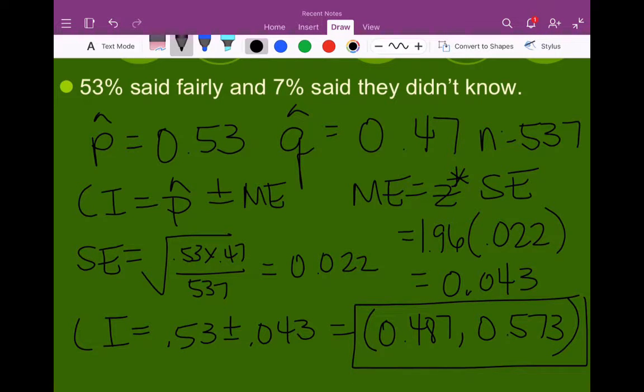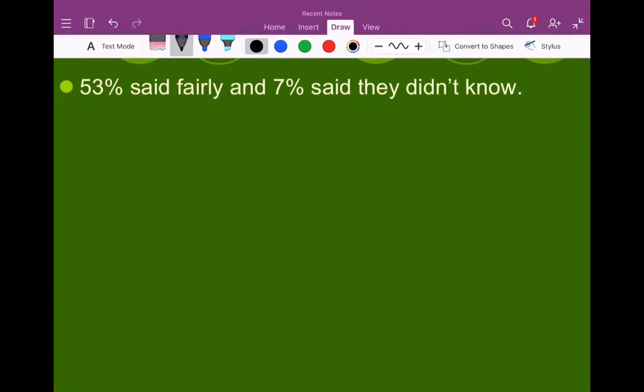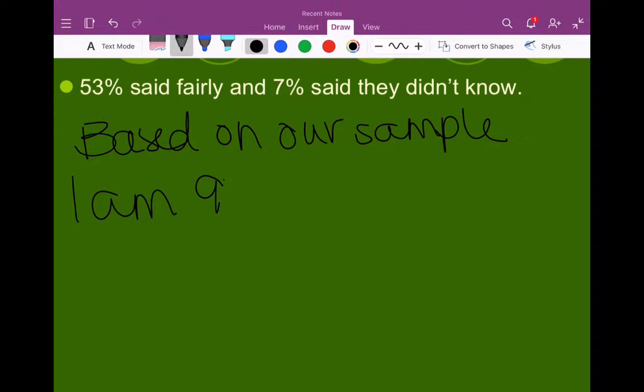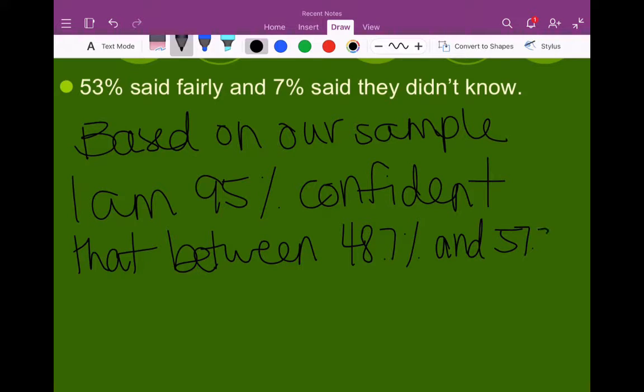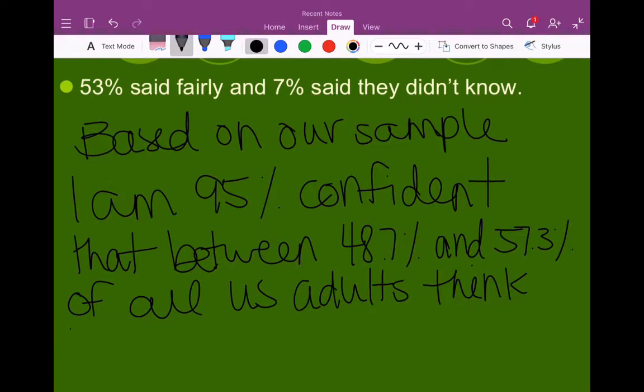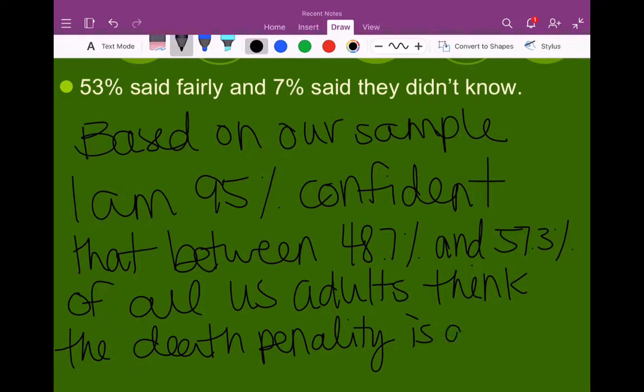Now the important part is that I interpret this and explain what this actually means. When you do an interpretation, you have to include three things: your confidence level, your interval, and what it is telling you in the context of the situation. Based on our sample, I am 95% confident that between 48.7% and 57.3% of all U.S. adults think the death penalty is applied fairly.